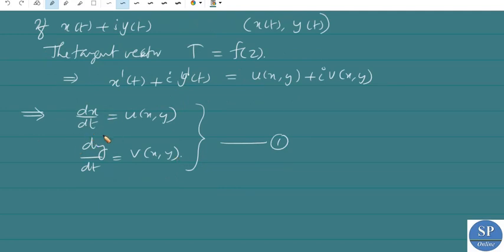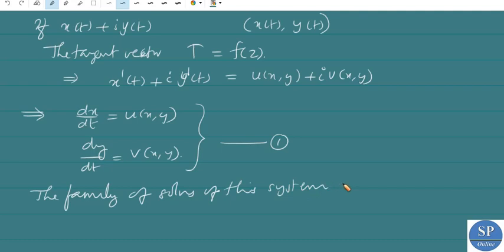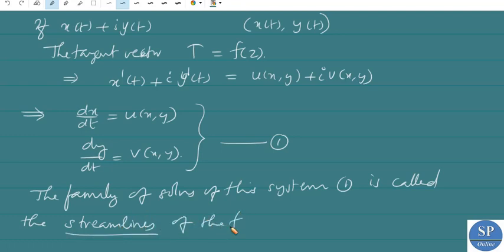Okay, so we have a system of two differential equations. Now the family of solutions of this system is called the streamlines of the flow corresponding to, or associated with, our function f of z.